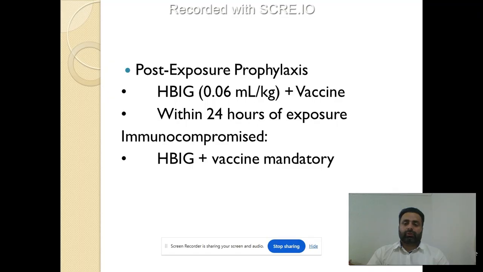So if someone is infected by hepatitis B, this is the regime that is used.